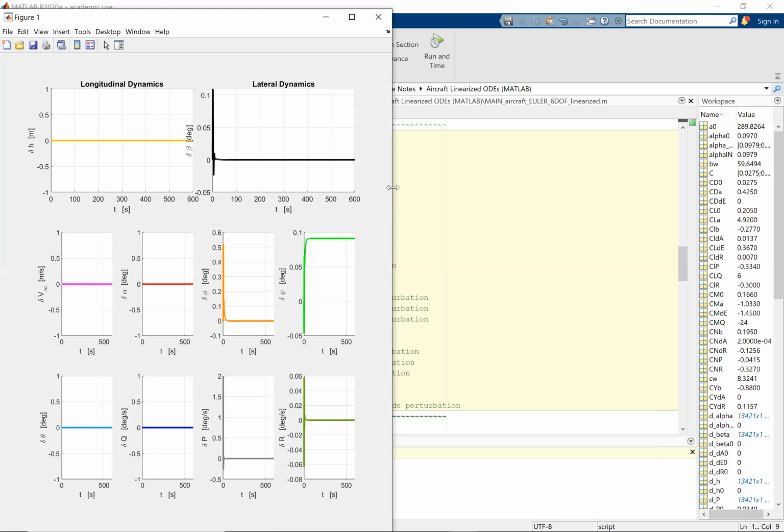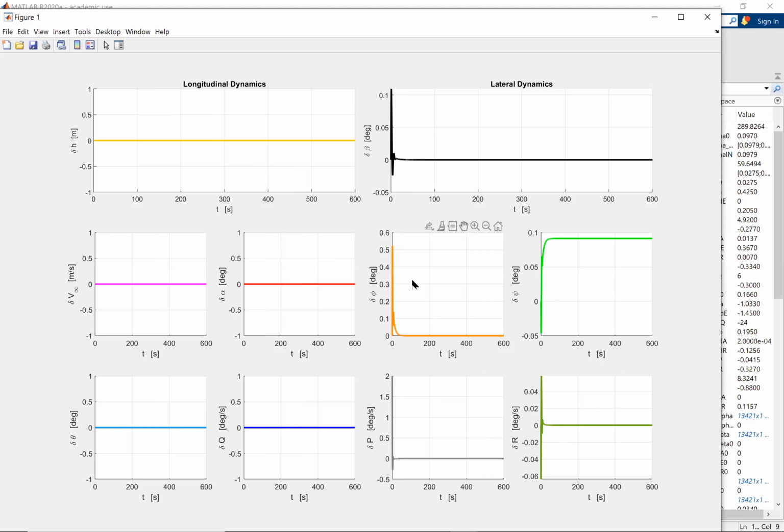Oh, you see that the lateral dynamics states have changed now. And it seems here the lateral dynamics is way more responsive. So we're getting to a steady state value much faster than when it comes to the longitudinal dynamics.